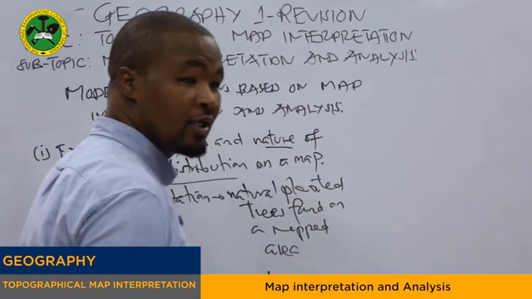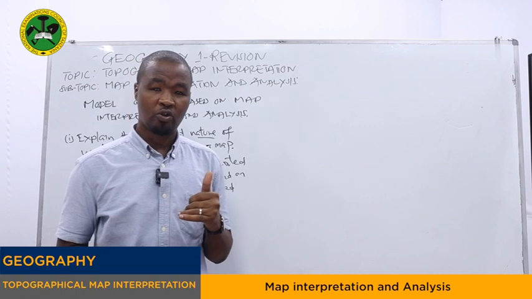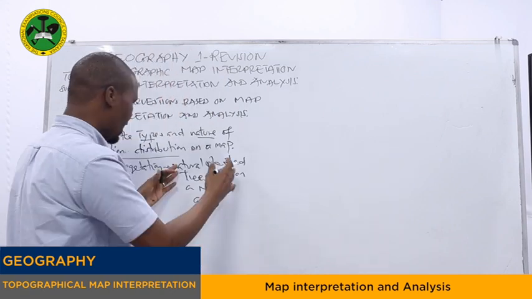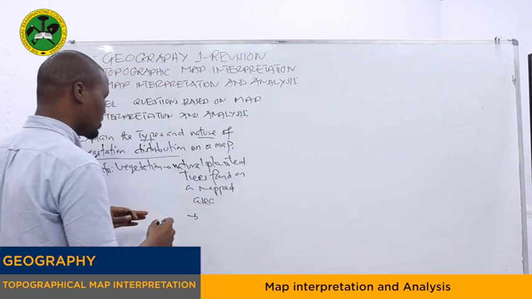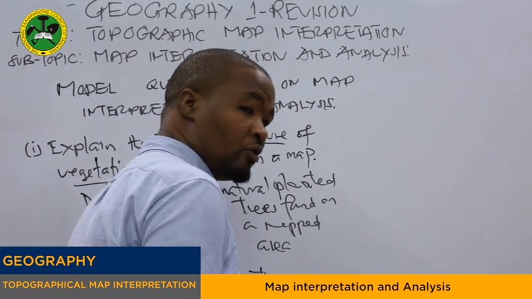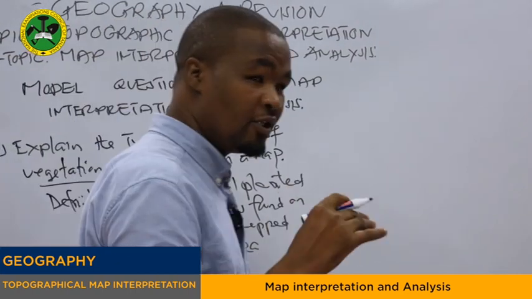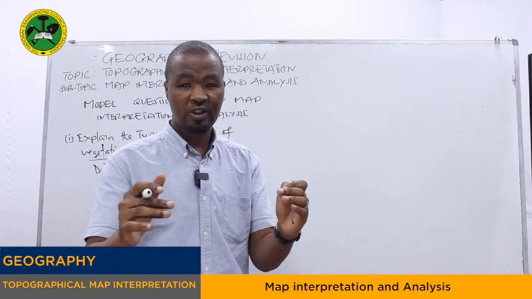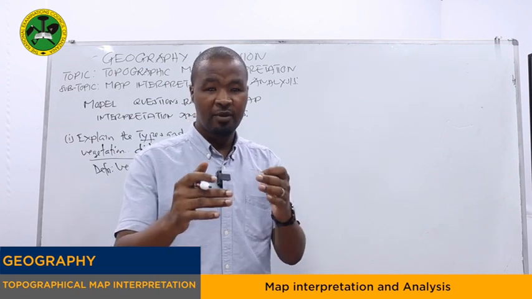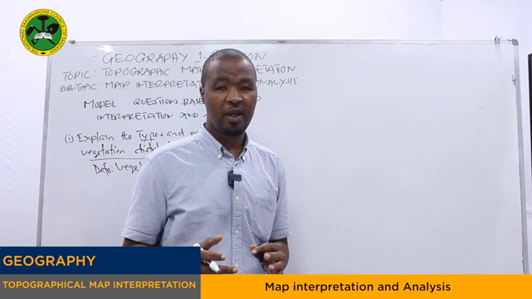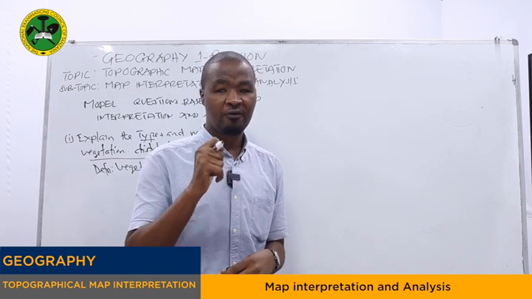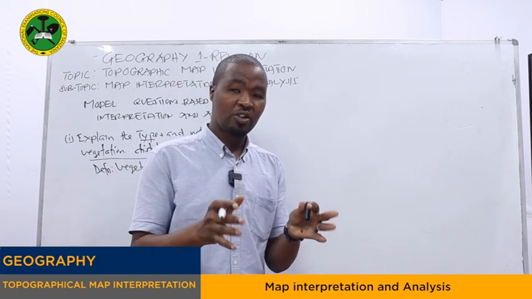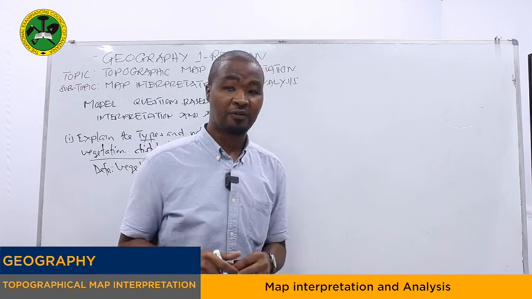We have the woodland, the scrub, the scattered trees, the forest, etc. Most of these are natural planted trees, but we can sometimes categorize them as artificial vegetation in case there is preservation of what we call a forest reserve. You find a forest, then you manage it for a particular goal or plan. We call that an artificial forest reserve. So forest reserve, as an example, is not natural vegetation. We call it artificial vegetation.